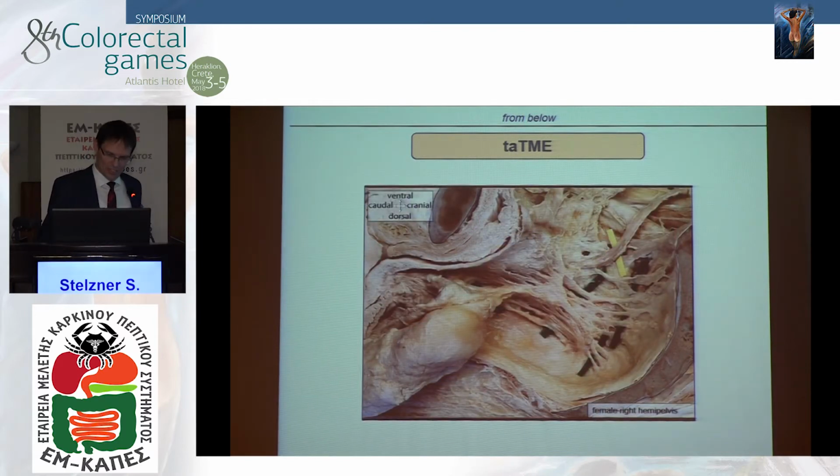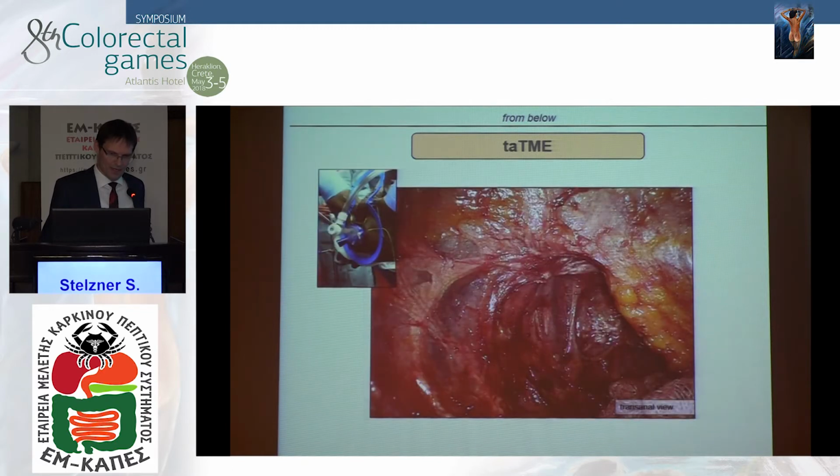This is our initial specimen. And now we look from below, and we can recognize the mesorectum there with the surgical dissection plane, very nicely to be seen, angel's hair.